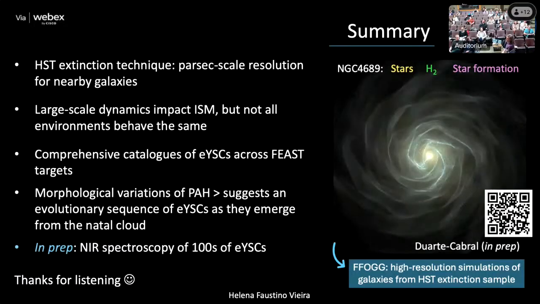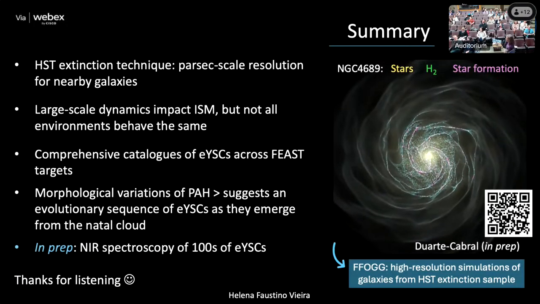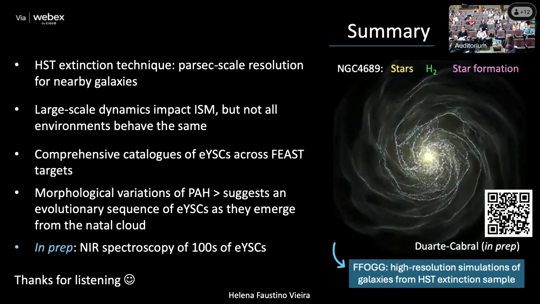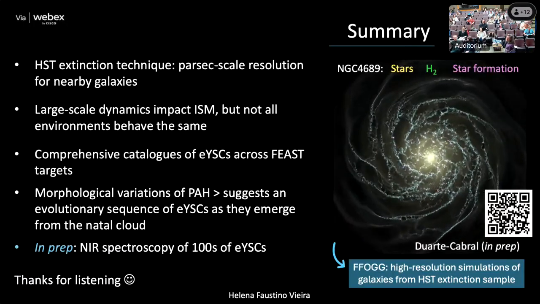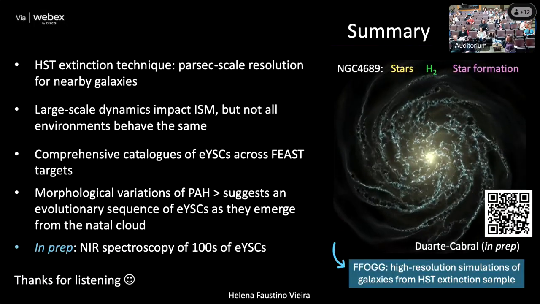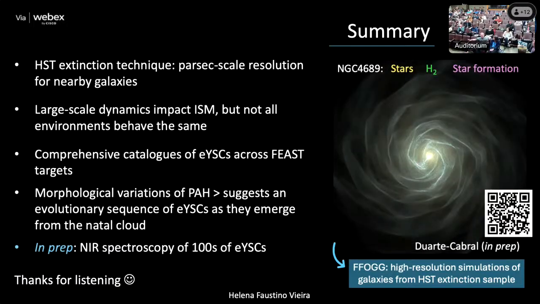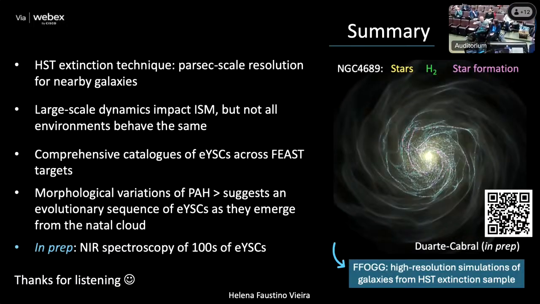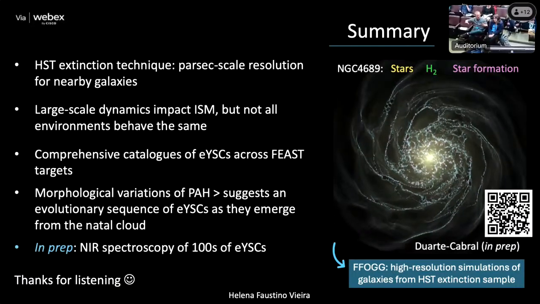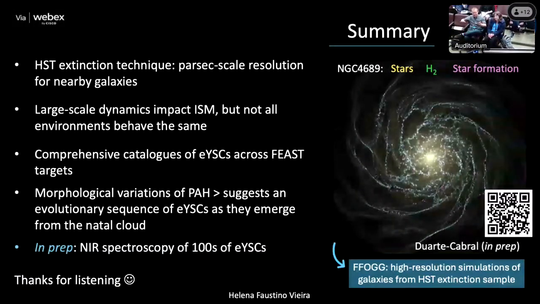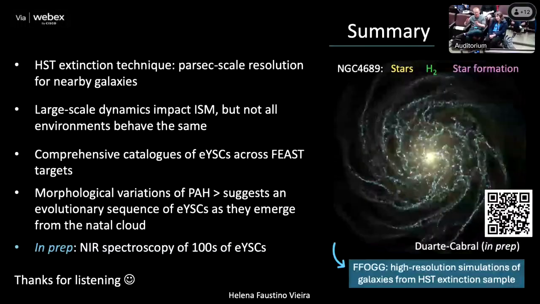Can you go back to the... Oh, did you have? I do, yeah. I'm thinking about this relative to Christina's BEAST extinction mapping, which you can't do at these distances, but you can do in M31. And so you have the cross calibration with Herschel for this, but there's resolution mismatch there, which limits how neatly they can converge.